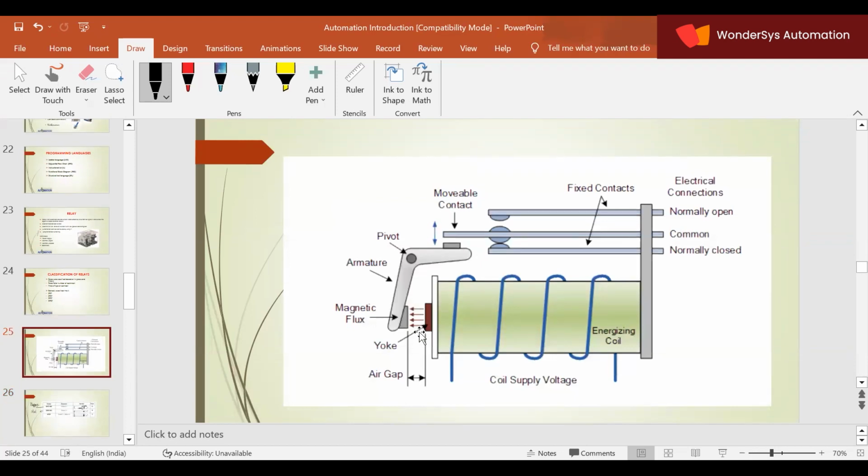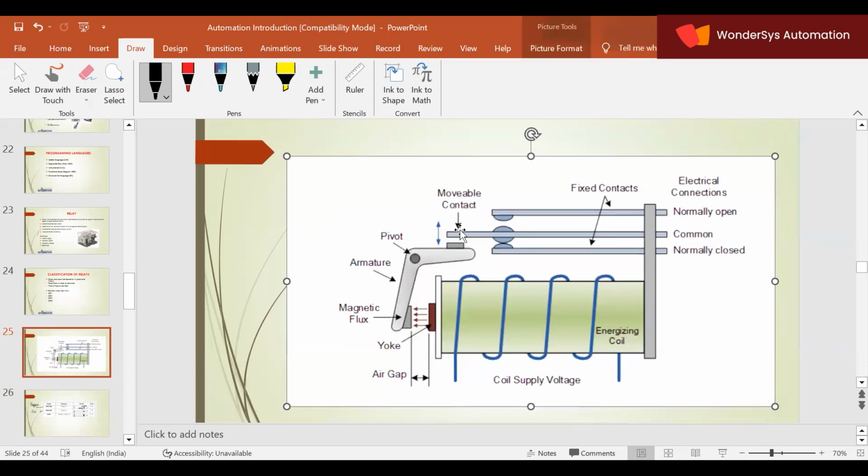Once the flux is induced, the armature will make this movable contact move. At that time, this contact, based on the voltage level, will get connected to the normally open, giving an output voltage. So when you apply the voltage, the flux will be induced and the common will be moved. This is about NO operation.